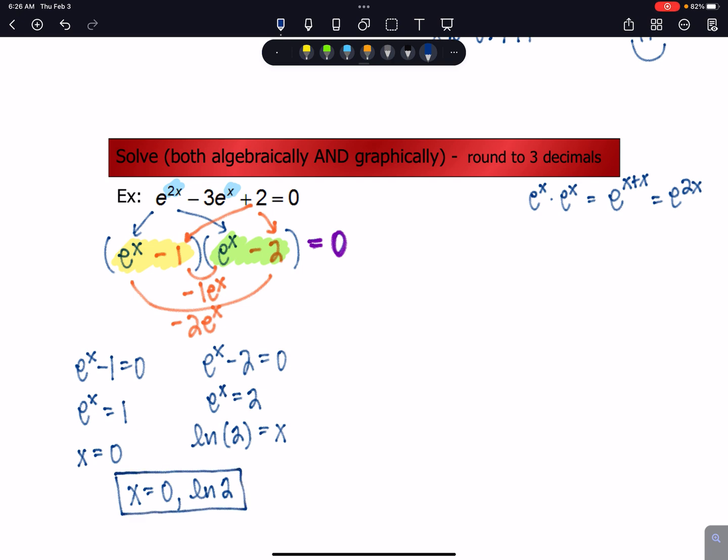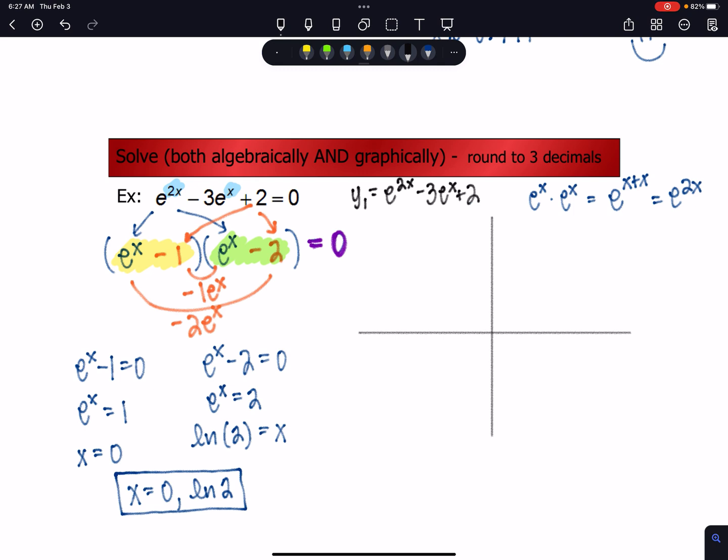Now it says check your answers or solve both algebraically and graphically. Graphically, we would need to put this into our calculator. So I would put the original trinomial into my calculator under y1. So I would have y1 equals e raised to the 2x minus 3e to the x plus 2.